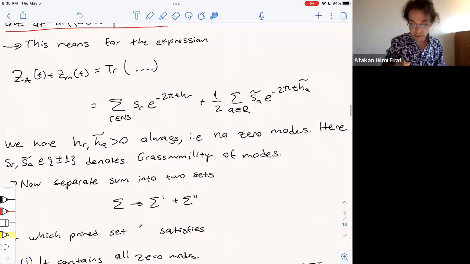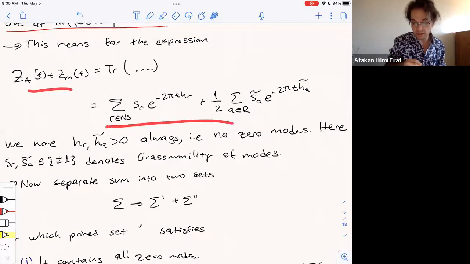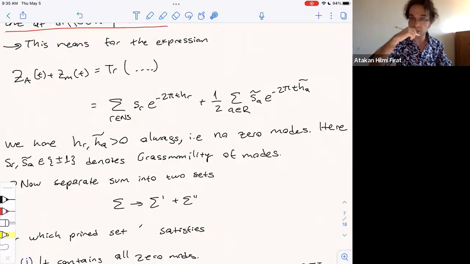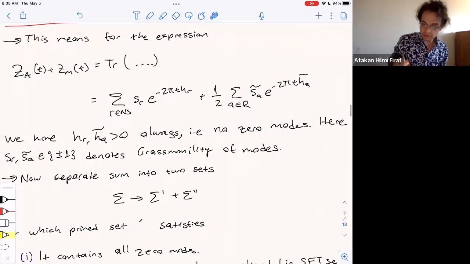Then when I do the integration, this will make sense in the t goes to infinity limit. Here, by the way, SR and SA tilde denote the Grassmann parity of the modes, because I can have bosonic or fermionic modes as usual. So now my integration makes sense, and I can play with it. There will be no ambiguity with this slightly shifted boundary condition.